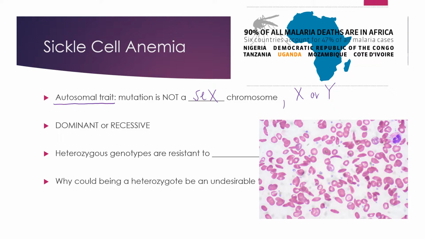You're going to have 23 pairs of chromosomes, totaling 46 individual chromosomes. So it's going to be on one of the other 22 pairs, and that's what autosomal traits mean. They're not on the X or Y chromosome, your 23rd pair.